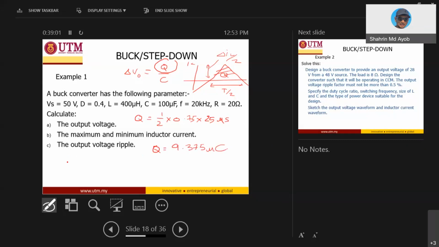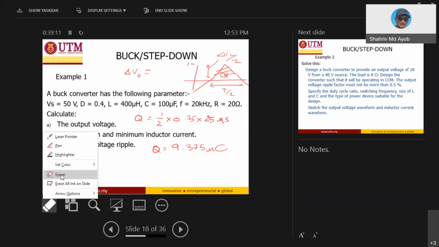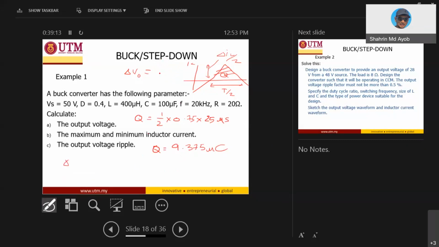Okay, so from that, you can get your delta V out. 0.375 micro over your capacitor is 100 microfarad.